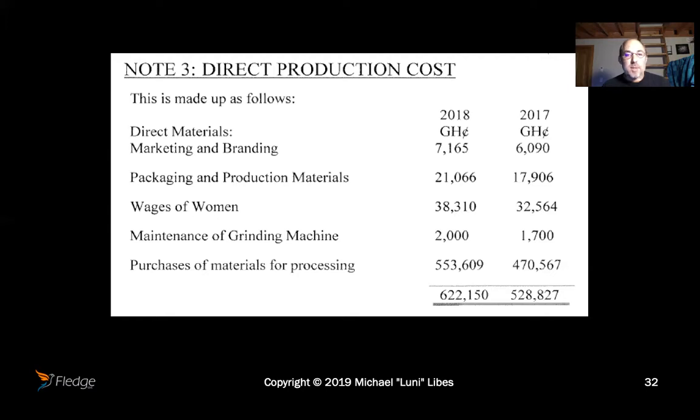We had a conversation on that. Maintenance doesn't belong here. You don't have one more maintenance when you have one more shea nut ground, so that's in the wrong spot. And then purchases of materials probably in the right place. It'd be nice to know what that unit was as well and what that cost was, but we don't have that information. So some of these are in the wrong area on the P&L.